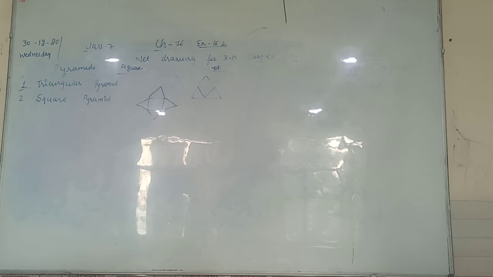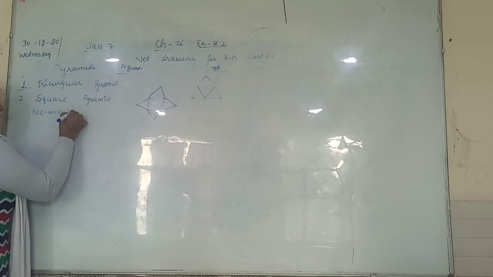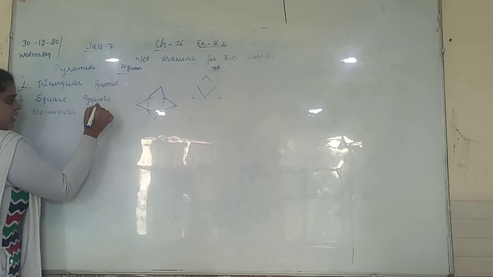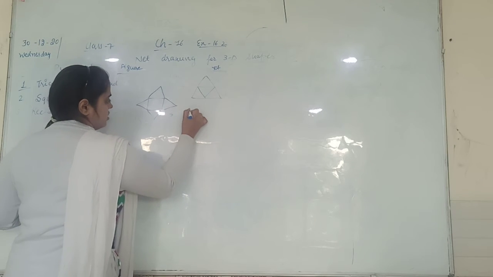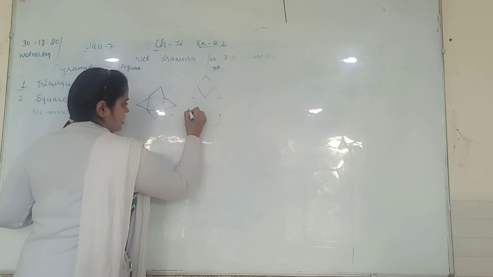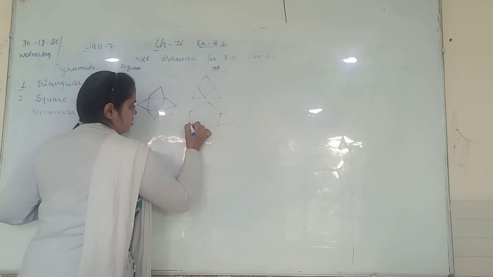Then the net of rectangular pyramid. See, they are all joined with their name, rectangular pyramid. Means one rectangle. See here, the rectangle is in between, and one triangle is at each side.